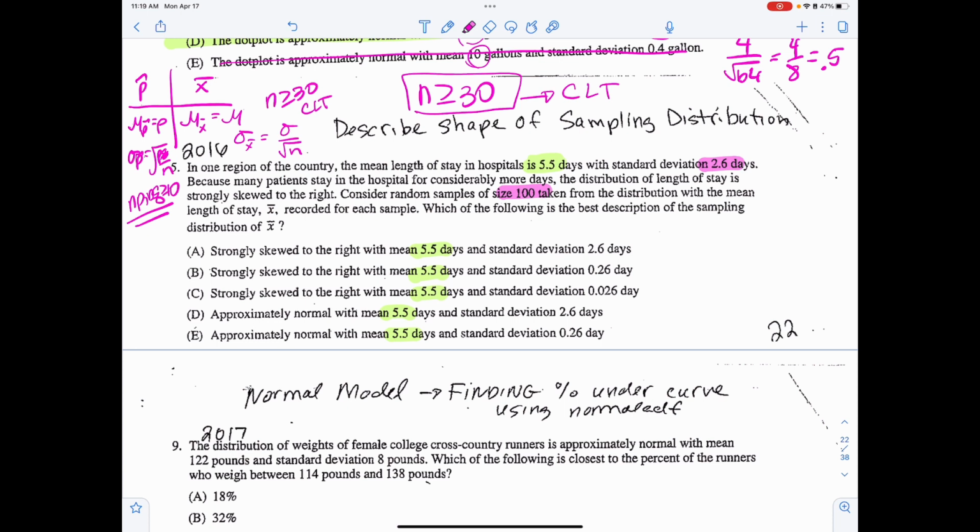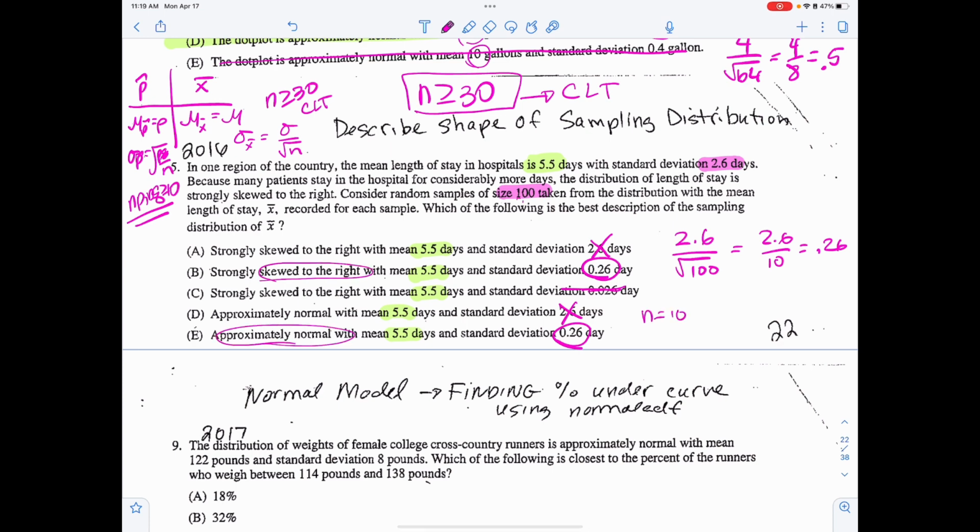So if I look at 2.6, I know that's definitely not going to be correct, because I'm looking for 2.6 divided by square root of 100, which is 2.6 divided by 10, which is 0.26. So that's 0.26 and that's 0.26. So let's see the difference. We know it's obviously not this one. This one says strongly skewed to the right. This one says approximately normal. How big is my sample size? N is 100. That's greater than 30. So therefore, that's going to be normal.